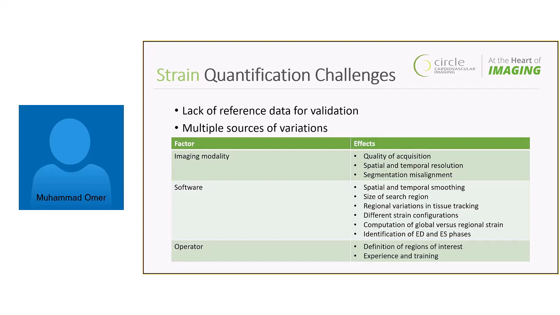Similarly, we can have a different region of interest identified using different software, regional variations in tissue tracking, differences in the strain configurations, the Lagrangian versus Eulerian, which correspond to tracking the strain in forward or reverse directions, as well as the computation of global versus regional or local strains.